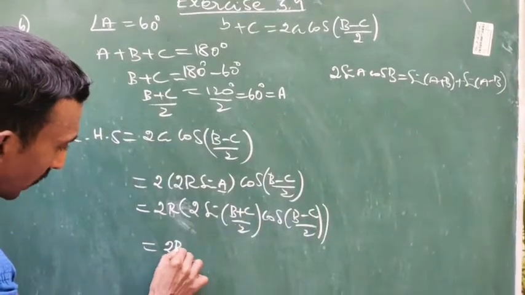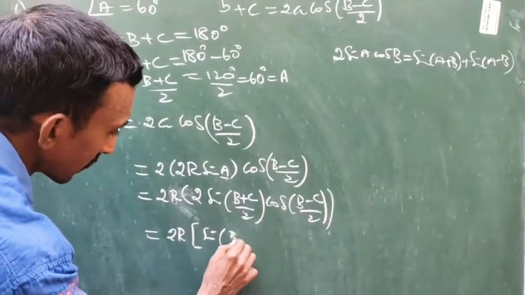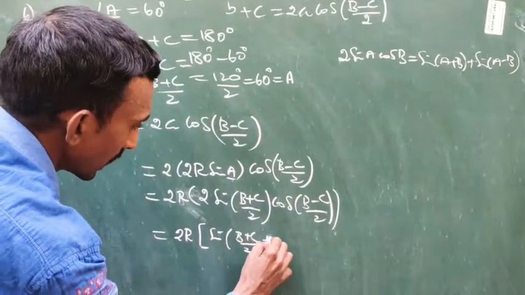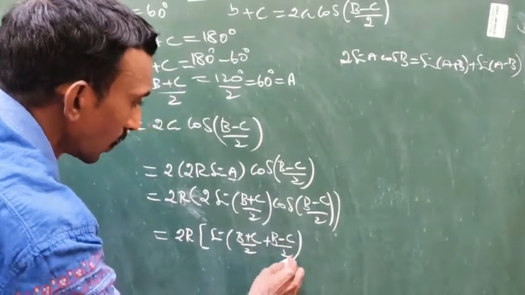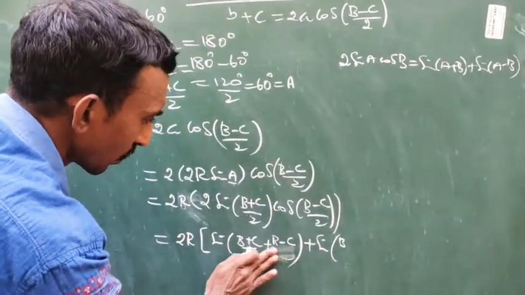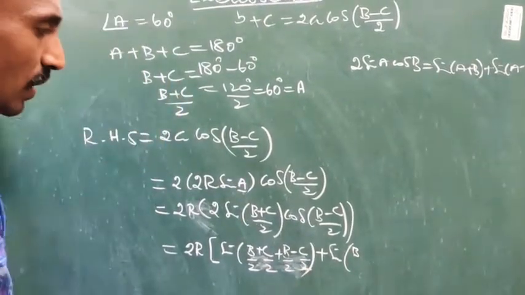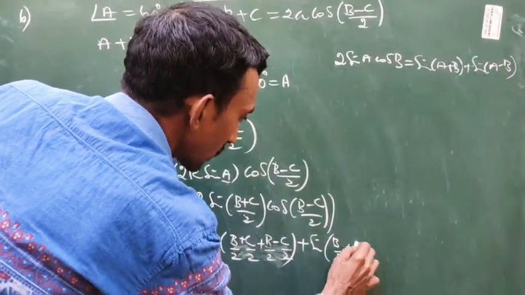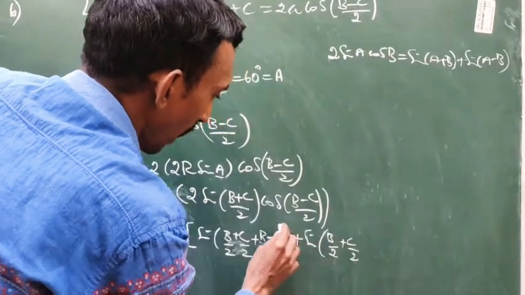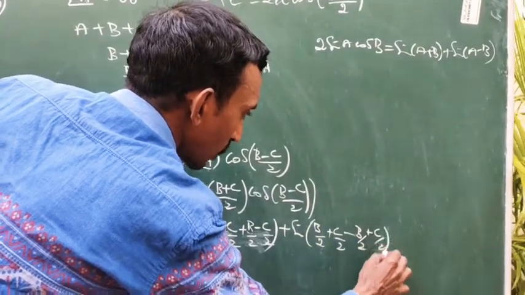So 2R into sin((B plus C)/2 plus (B minus C)/2) plus sin((B plus C)/2 minus (B minus C)/2). We can separate it. So B by 2, C by 2, B by 2, minus C by 2. Similarly here B by 2 plus C by 2, so minus B by 2, minus of minus plus C by 2.